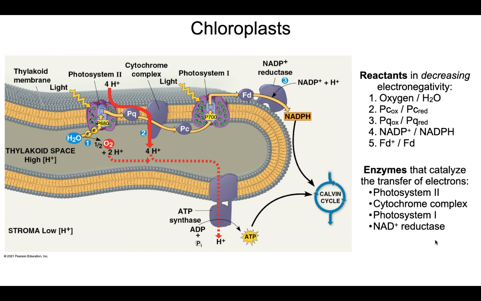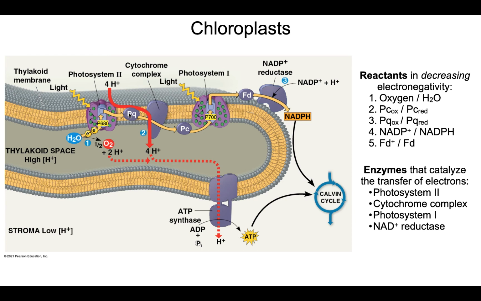So let's take a look here at photosystem 2. What is being reduced and what is being oxidized? Well, we're going from water, the reduced state of oxygen, to oxygen. So water is being oxidized. It is losing electrons, and where are those electrons going? To PQ.